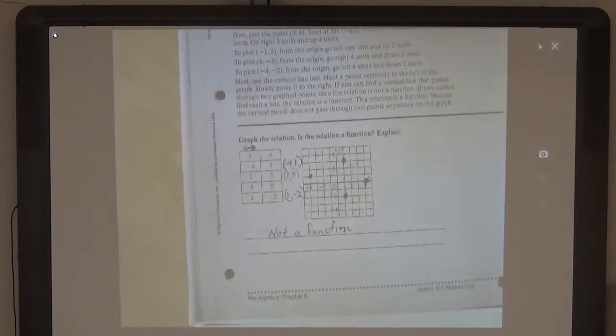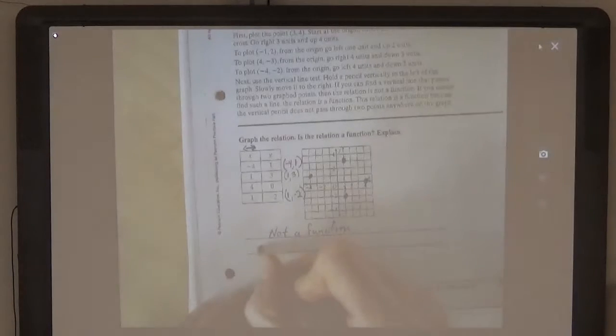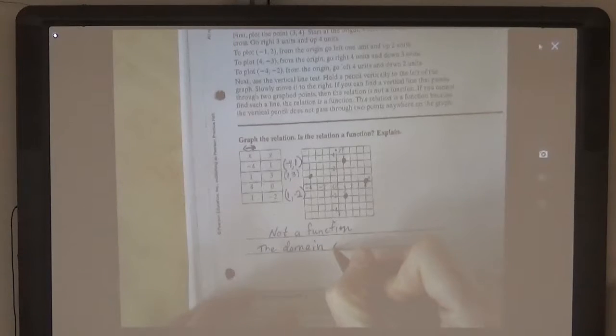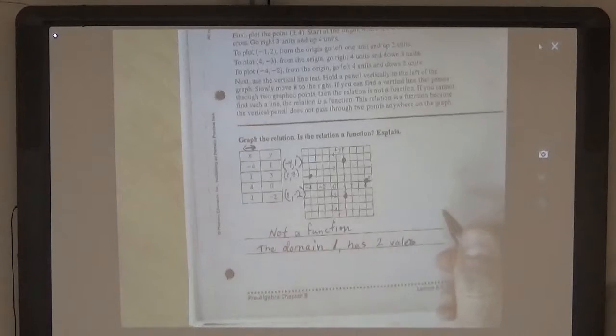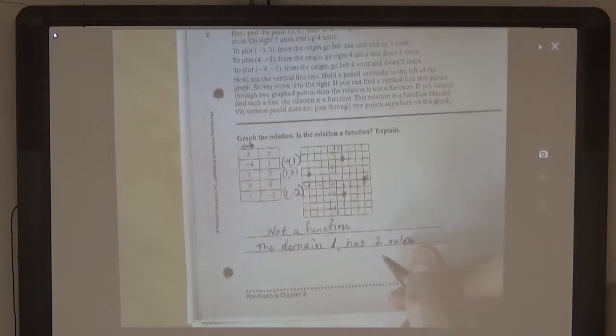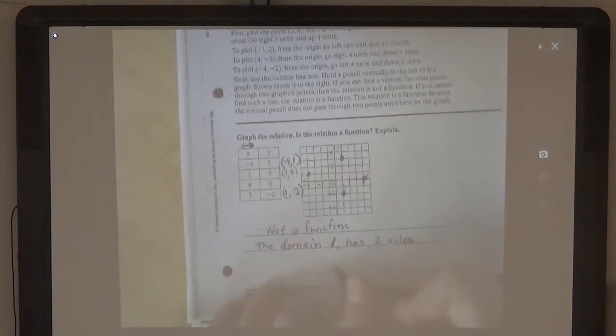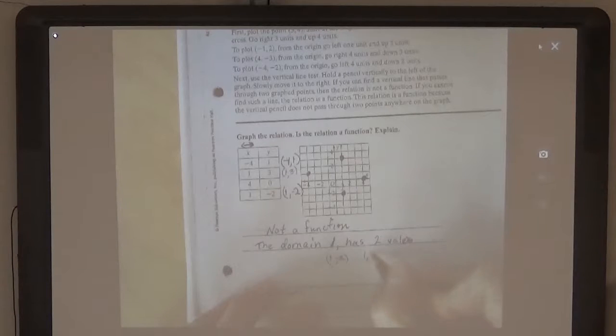And then underneath it, write the domain number 1 has 2 values. The domain 1, in other words, the x number 1, has two values. I get it now. Yeah, okay, next. What are they? -2 and 3. 1, -2, and 1, 3.